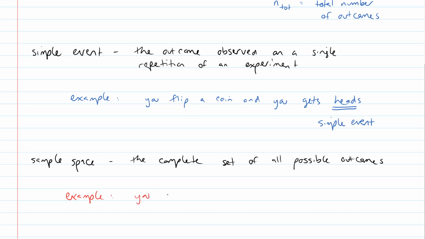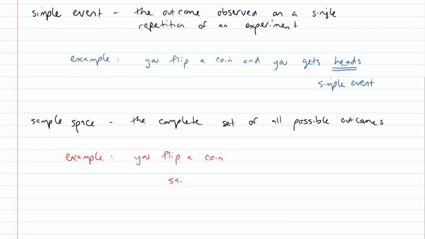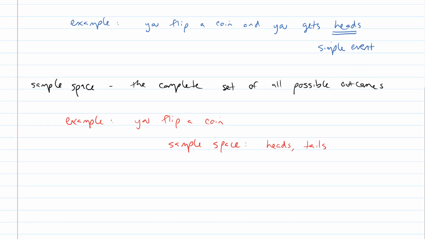You flip a coin, then the sample space will just be heads or tails. If you, for example, roll a 6-sided die, then you can have 6 possible outcomes. You roll a 1, a 2, a 3, a 4, a 5, or a 6.